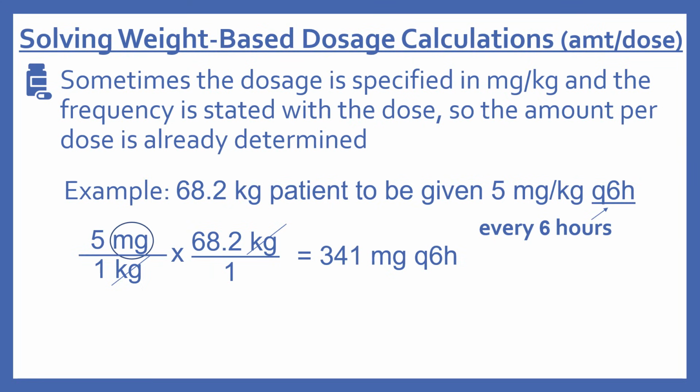If you just do the math, the 5 milligrams per 1 kilogram times 68.2 kilograms over 1, we cancel a kilogram on the top, kilogram on the bottom, we're left with milligrams. 5 times 68.2 is 341, and that's 341 milligrams Q6H, because our amount is already determined, our dose is already determined. The 5 milligrams per kilogram is every 6 hours.